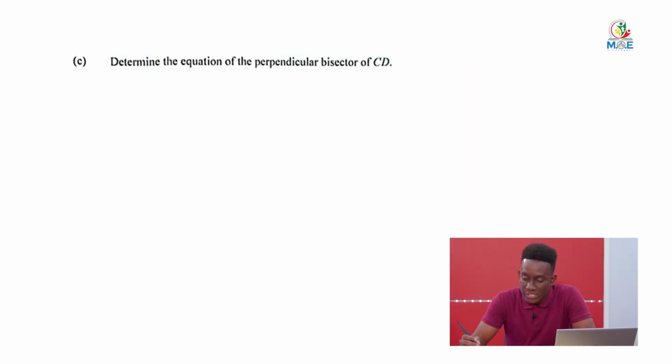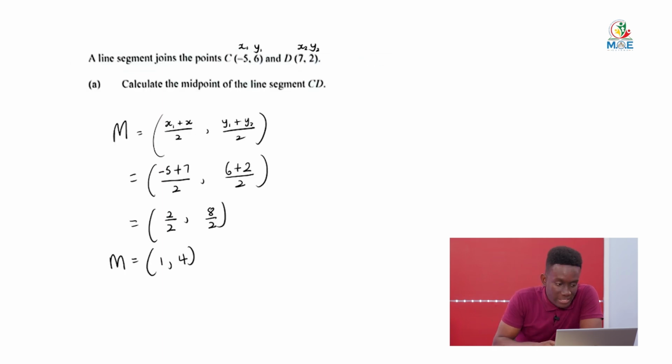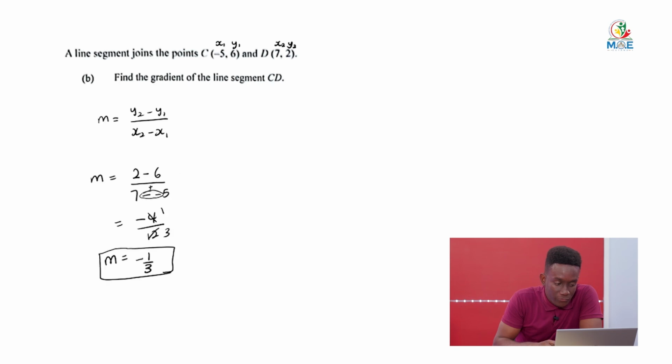So the next question says, determine the equation of the perpendicular bisector of CD. When we talk about the perpendicular bisector, let's say we had this line here, and in this line the midpoint would be (1, 4).